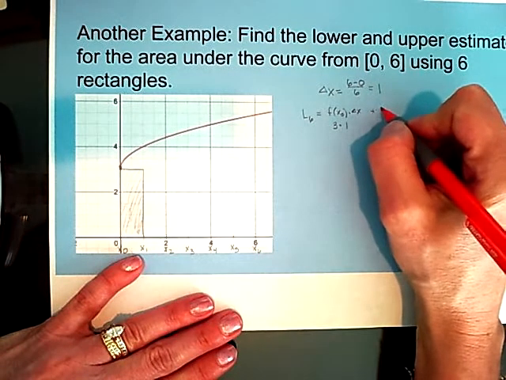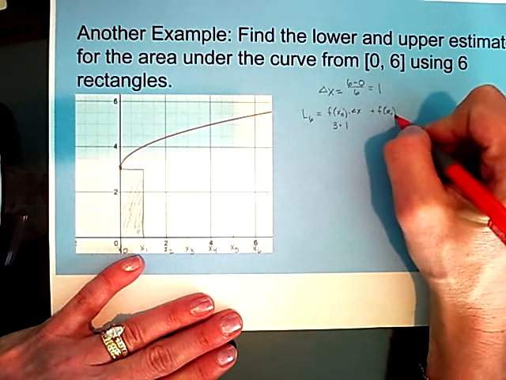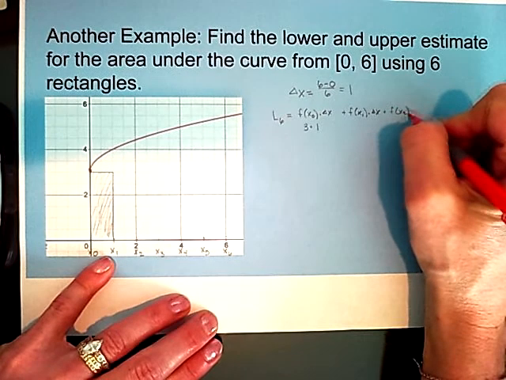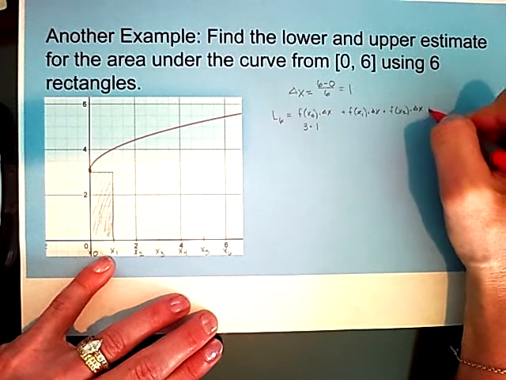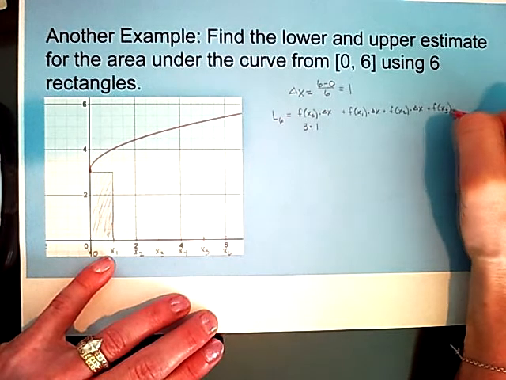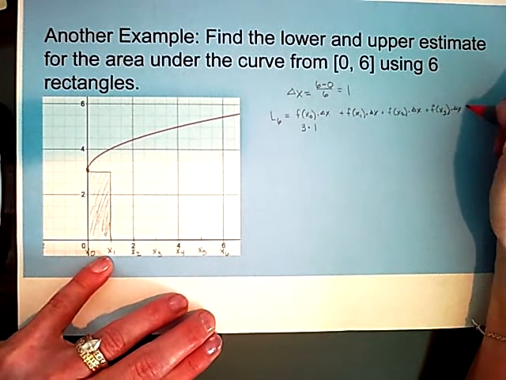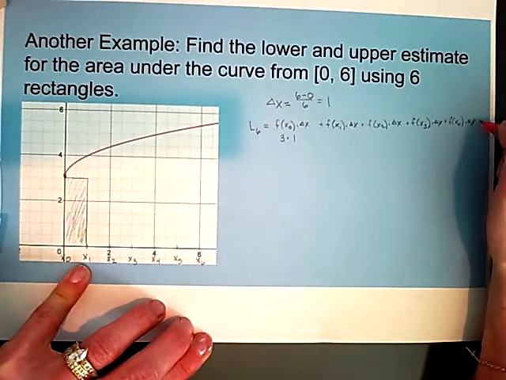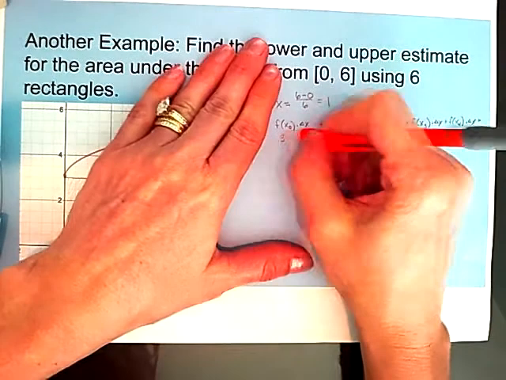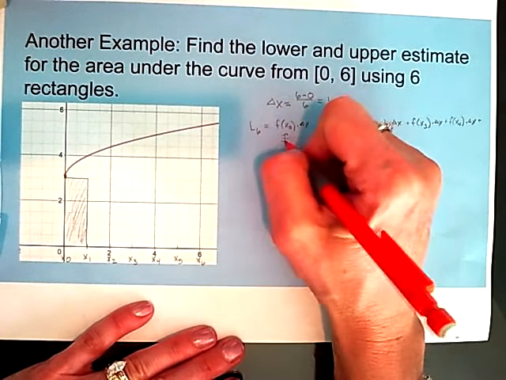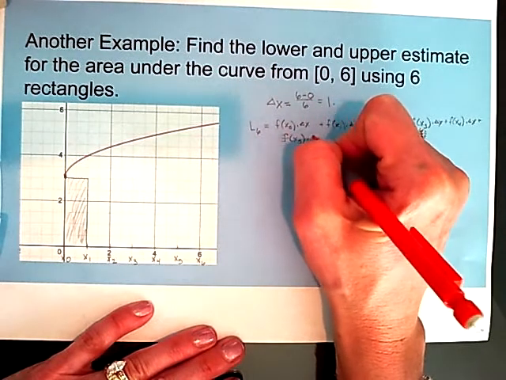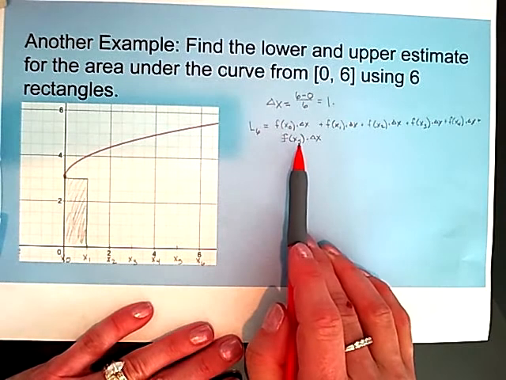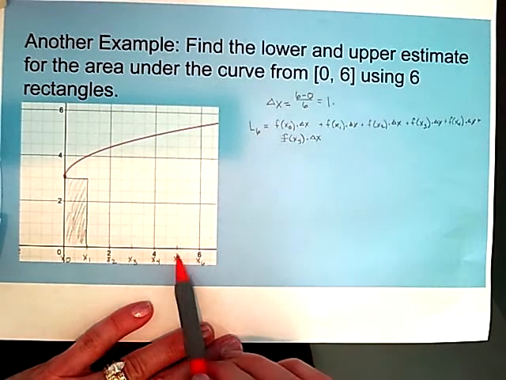So there is our first rectangle using a left-handed endpoint. I'm going to add that to f of x sub 1 times delta x plus f of x sub 2 times delta x plus f of x sub 3 times delta x plus f of x sub 4 times delta x plus f of x sub 5 times delta x. Now, as I mentioned in the previous video, you're going to see that I'm not going to go all the way to x sub 6 because I'm using left-handed endpoints.